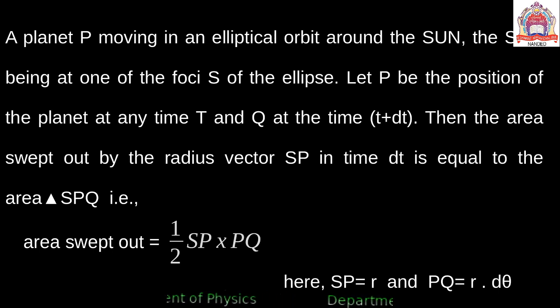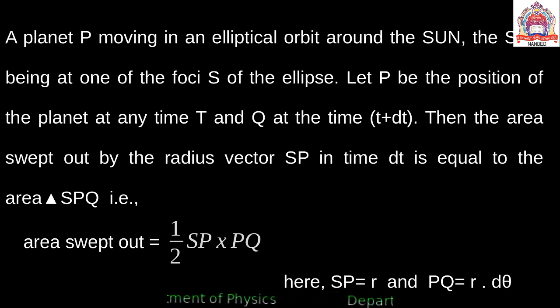The area swept out by the radius vector SP in time dt is equal to the area of SPQ.